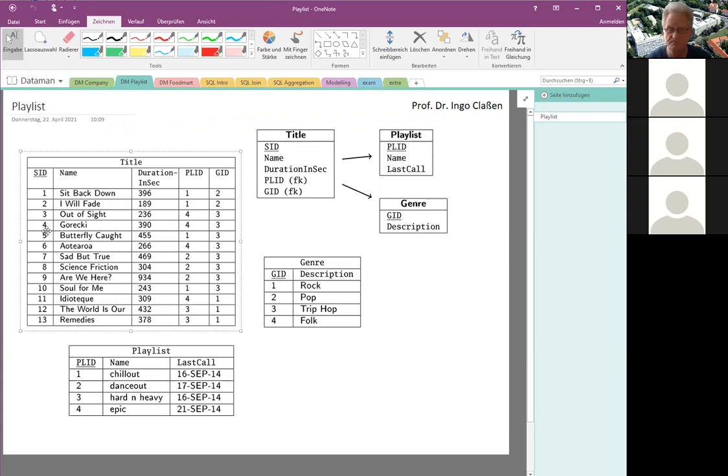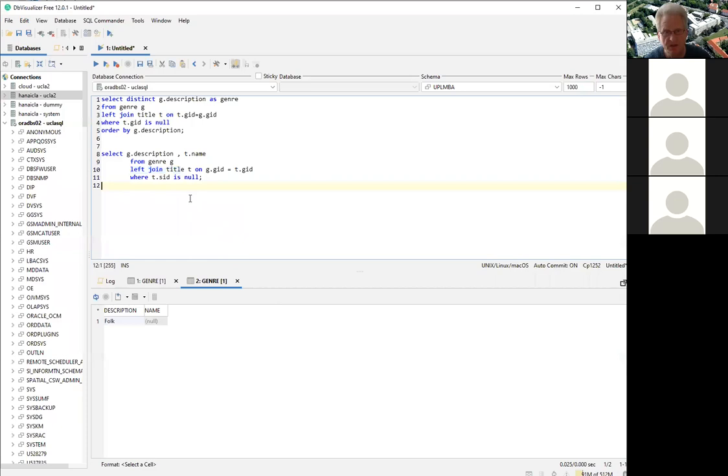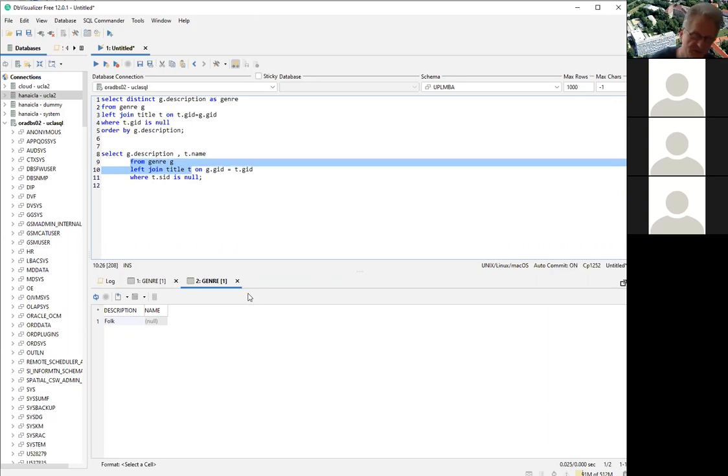But how can SID be null? Within the table, the SID values don't change; they are there. But if you look at this query, you are not referring to the table, but you are referring here to the join. So let's do the following.